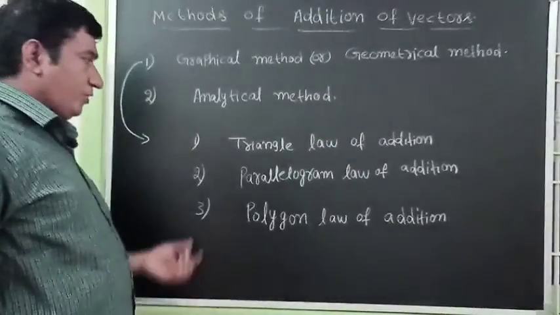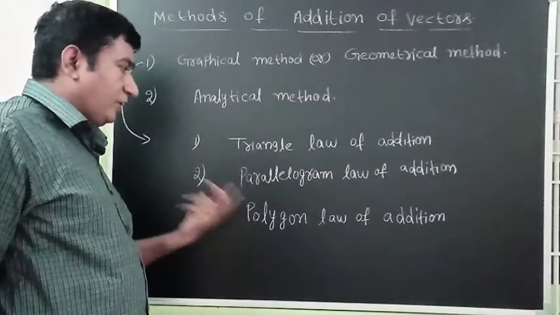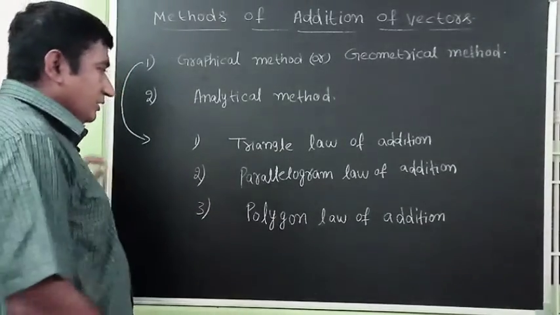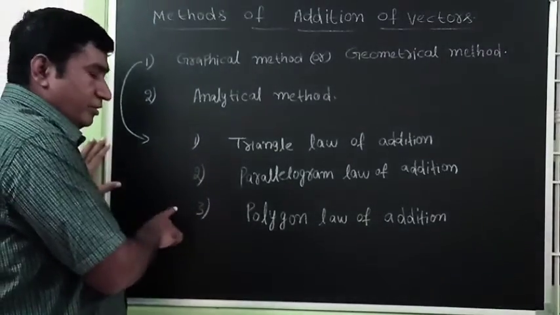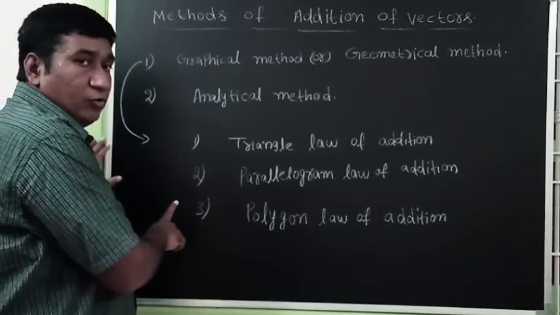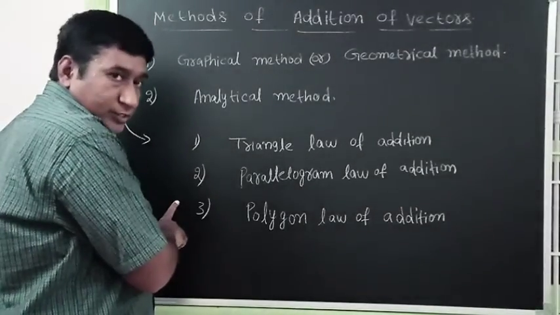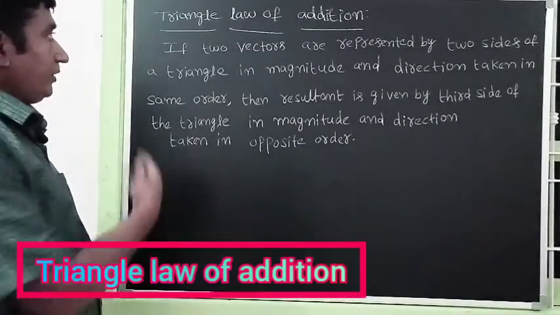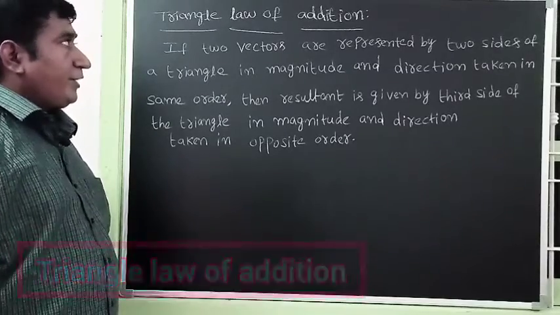In simple form we can call them the triangle law, parallelogram law and polygon law. In this class we are going to discuss these laws, how we can add vectors. In this, the first one is the triangle law of addition.